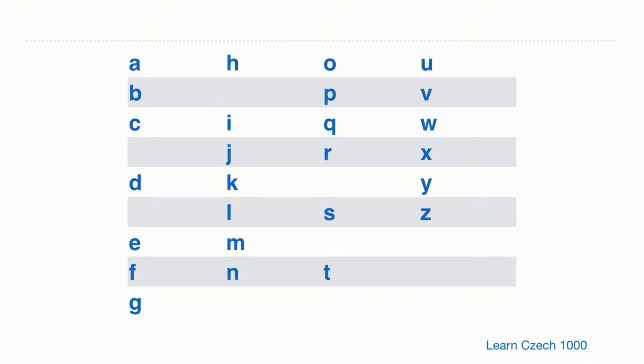Let's start this lesson with the English alphabet. In English we have just these 26 letters. In the Czech alphabet you will find 42 letters.